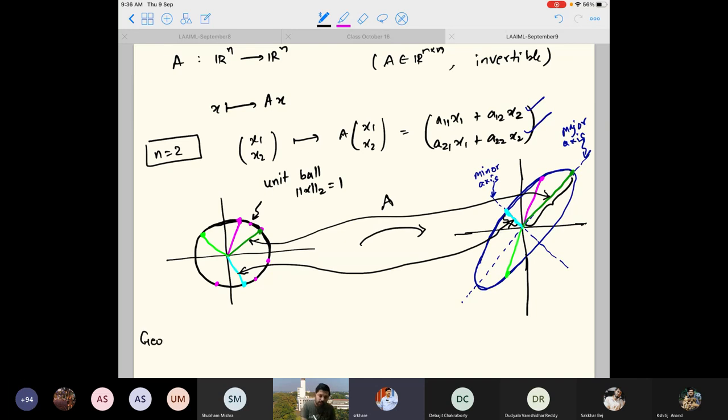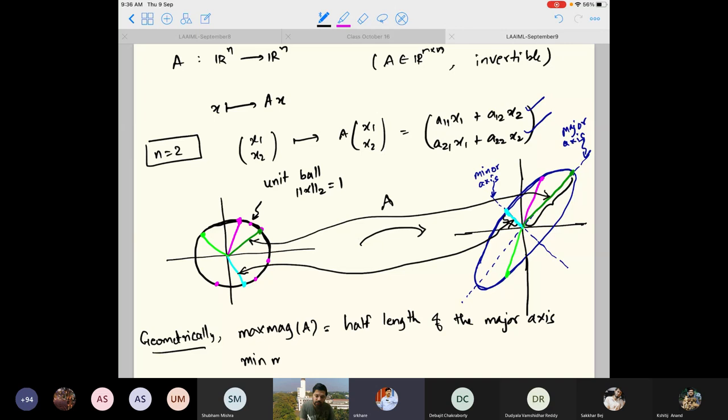So geometrically, maximum magnification is half length of the major axis, and minimum magnification is half length of the minor axis.